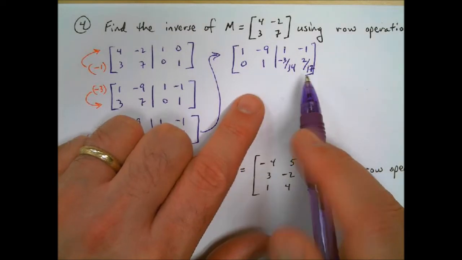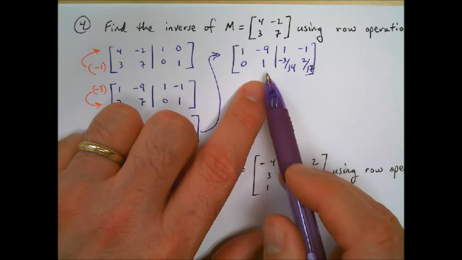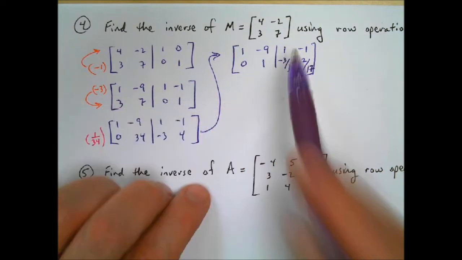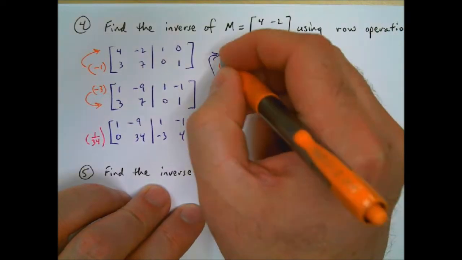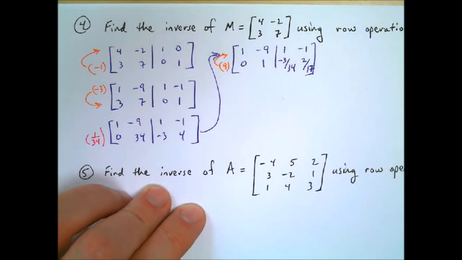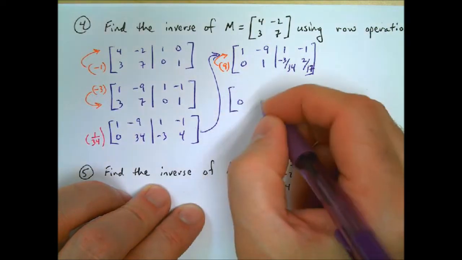Last thing we need to do is we need to get the 0 above that last one on the main diagonal. And so if we multiply the bottom by 9 and add it to the top, we'll get that. Now the bottom row is staying the same.